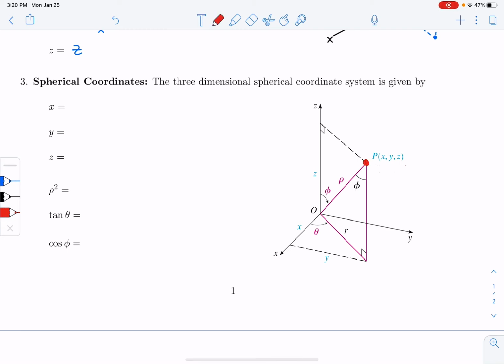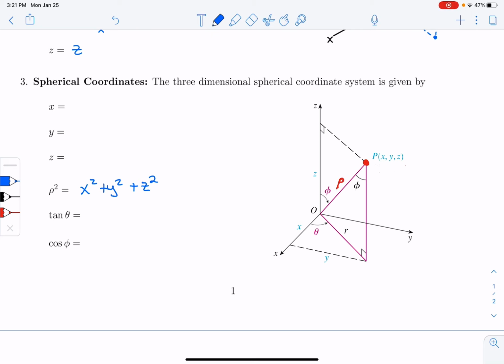That point is going to be x, y, z, and it's going to be a distance rho from the origin. So rho, or at least rho squared, we know would have to be x squared plus y squared plus z squared, because that is the distance from the origin.